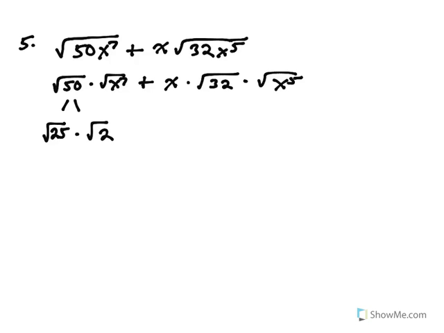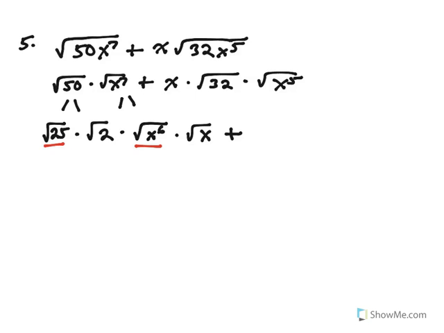And then remember, when we have a base raised to an odd exponent, we're going to make it one less, and that's going to give me my perfect square, because x to the 6th power is a perfect square: x to the 3rd times x to the 3rd, when you add the exponents, gets you 6. Okay, so far we have this perfect square and this perfect square.